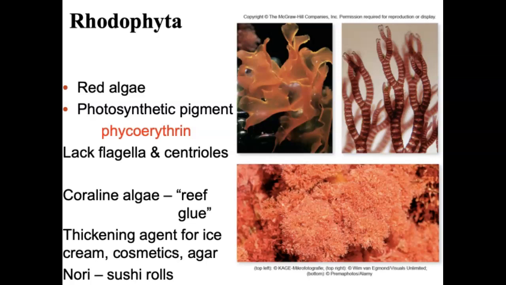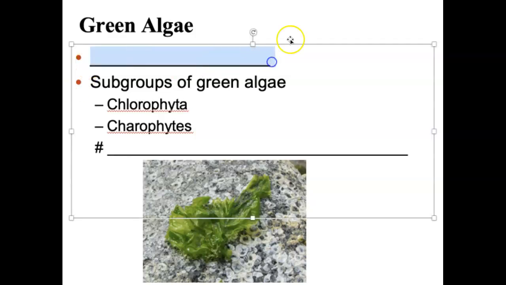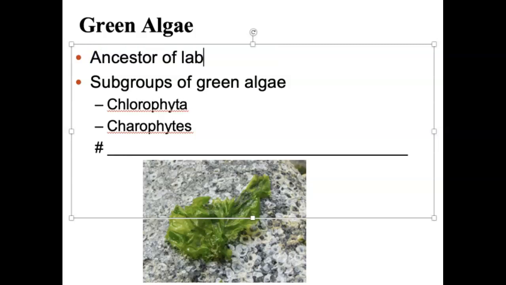So now we're going to talk about the green algae. Green algae is by far more diverse than the reds and the browns. Green algae is the ancestor of land plants.